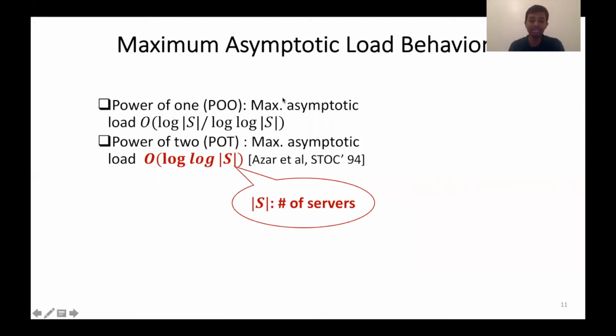That has a maximum asymptotic load of order log |S| divided by log log |S|. Again, |S| here is the total number of servers. And here you can see an exponential improvement over the power of one policy when you go to the power of two policy domain with respect to load. This exponential improvement is also popularly known as power of two benefits, or POT benefits in short.